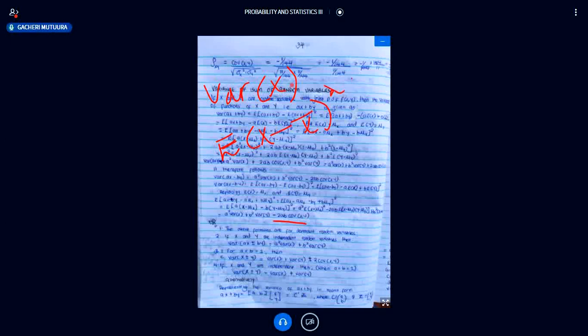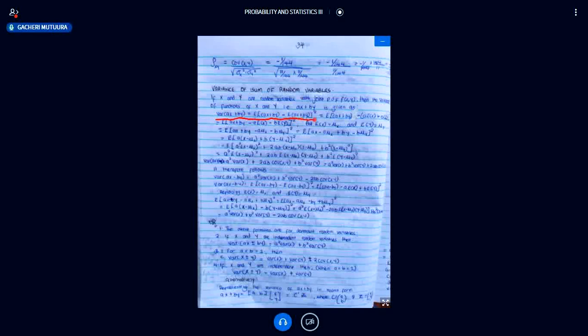Since we are dealing with the variance of a function ax plus by, this will be the same as taking the expected value of ax plus by minus x bar, an expected value. So we have an expected value within this expected value squared. All this is now squared. So we are taking that. This is what we have here.